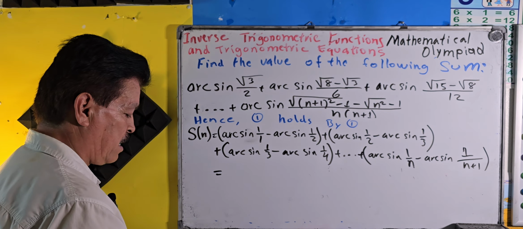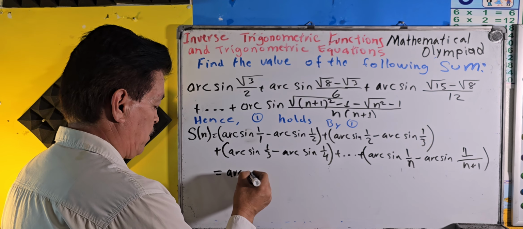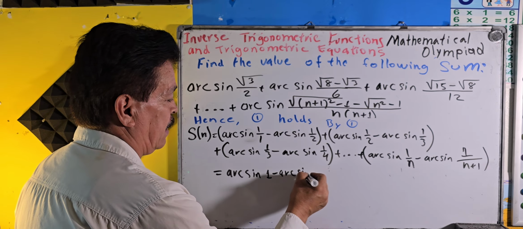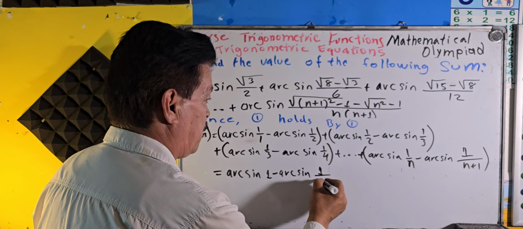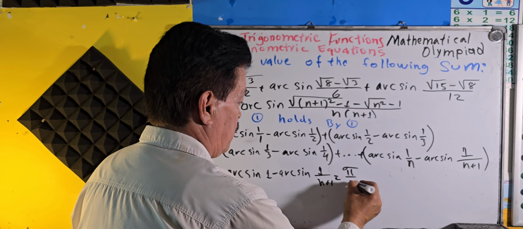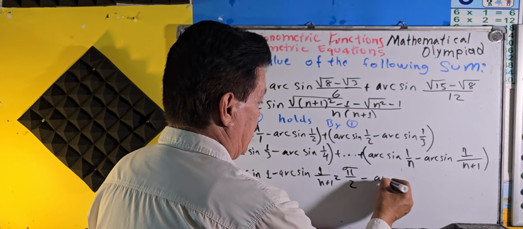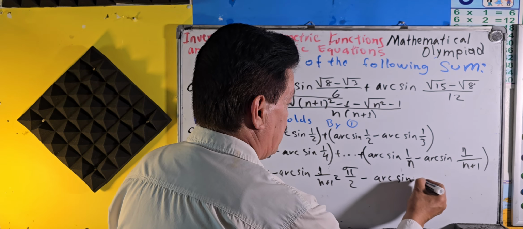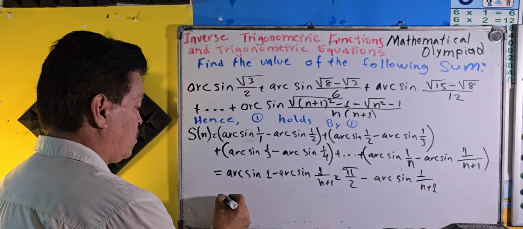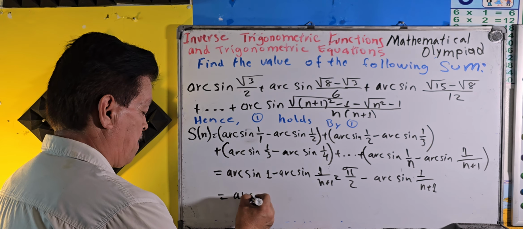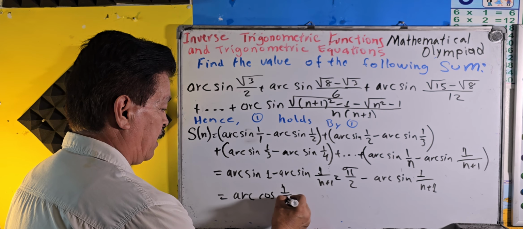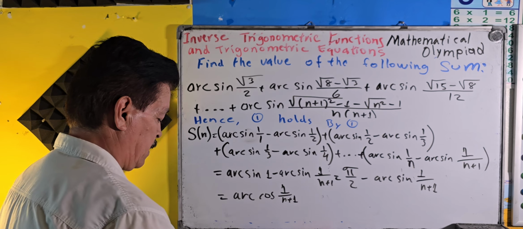Equals, this is plus now, equals arc sine 1 minus arc sine of 1 divided by n plus 1, equals pi divided by 2 minus arc sine of 1 divided by n plus 1. All right, equals arc cosine of 1 divided by n plus 1. Right?